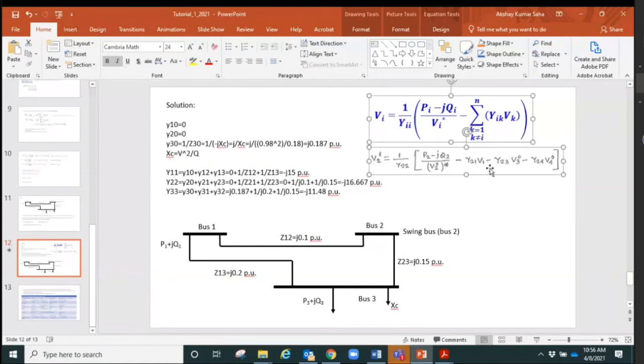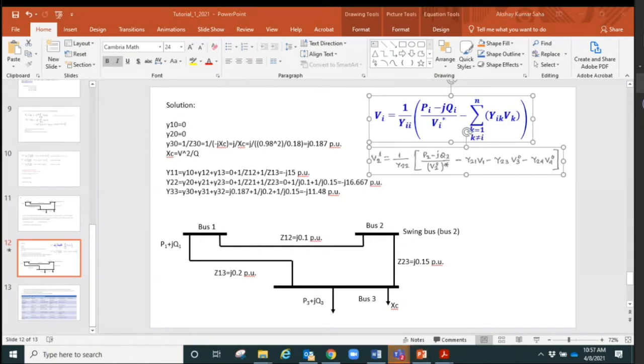V2 is shown here, for example, but is not required for this one. You can write down the equation putting i equal to 1 and k will change from 1 to n. n is 3 here and i cannot be equal to k.